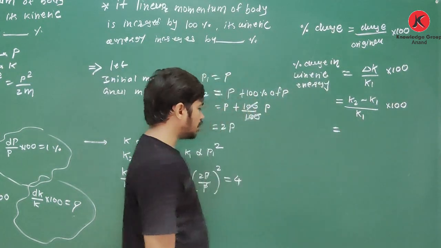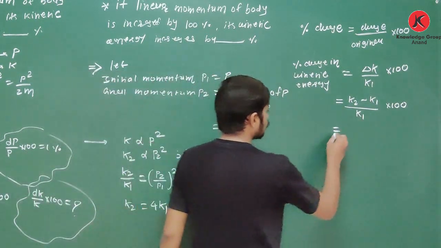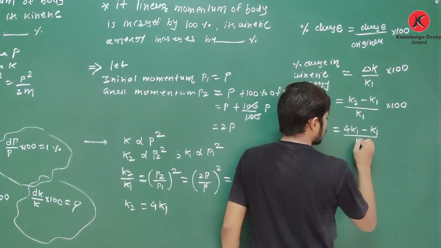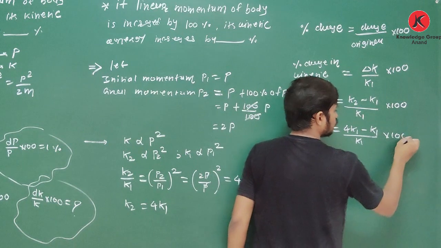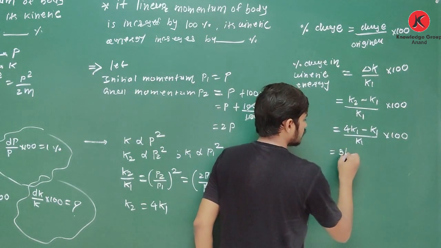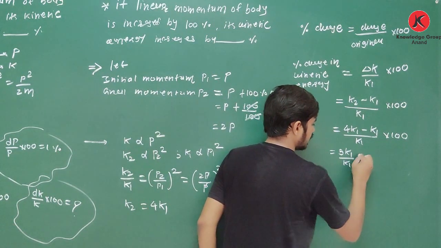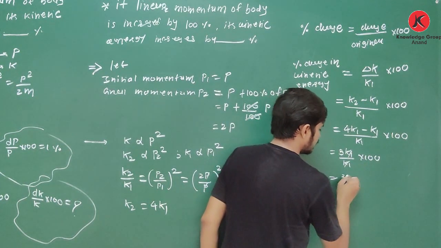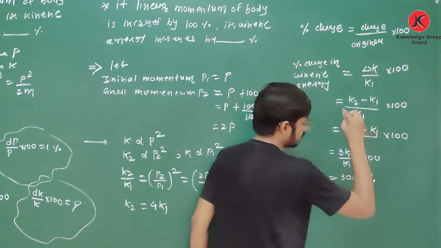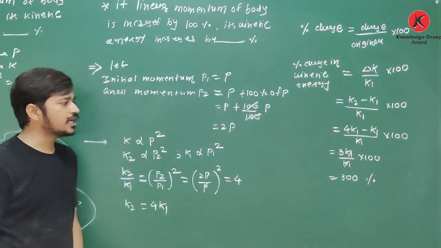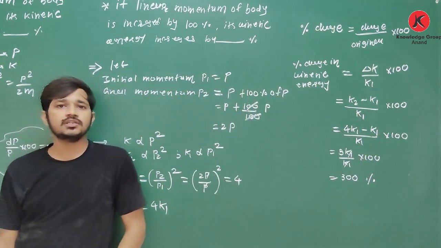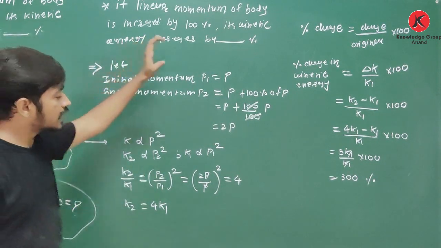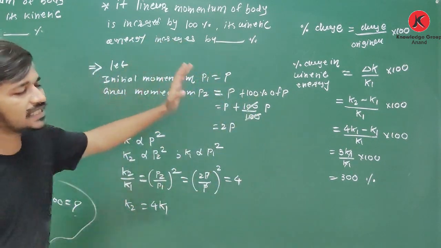What is the value of K2? K2 is 4K1. So it is 4K1 minus K1 upon K1 into 100, which is 3K1 upon K1 into 100. K1 cancels, and it is 300%. Clear about this? So it is one method to find percentage change.